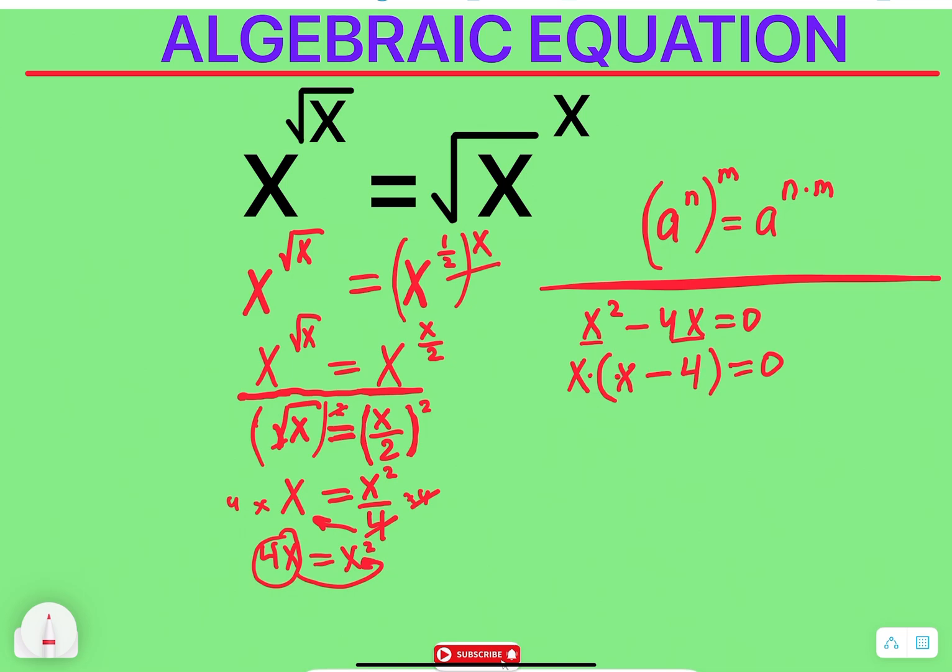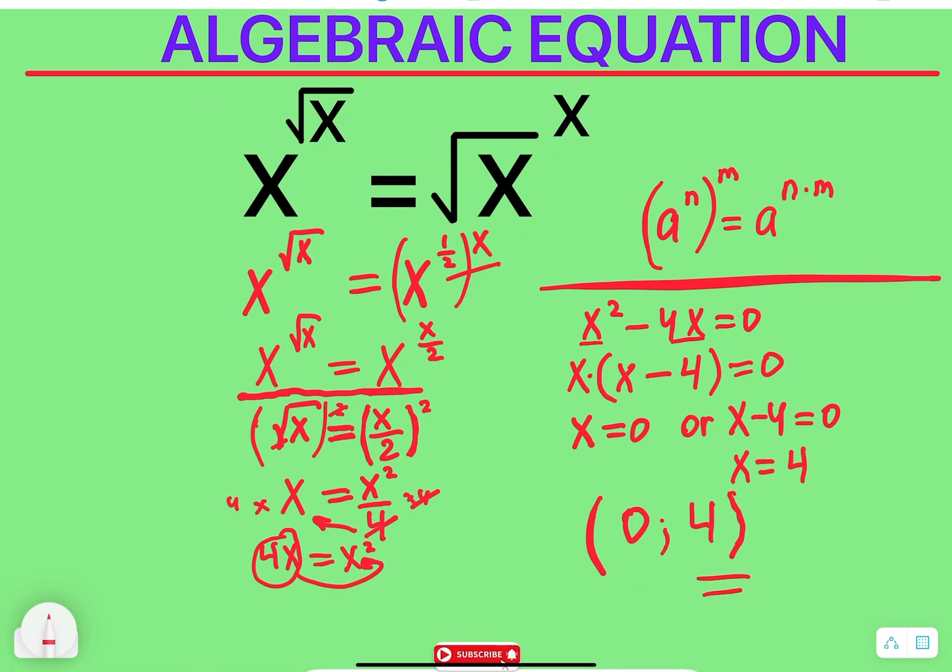If we multiply two factors and the answer is 0, this means x can be 0 or x minus 4 can be equal to 0, where x equals 4 after the 4 goes to the other side and becomes positive. So we will have two answers: 0 and 4 are the answers of this problem.